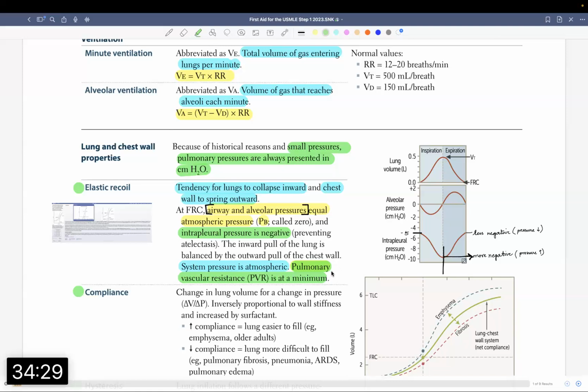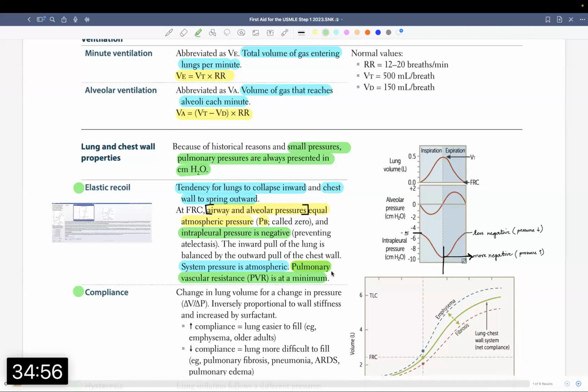Second, pulmonary vascular resistance should be at its minimum level. The other one is that at FRC, airway and alveolar pressure is equal to the atmospheric pressure, and intrapleural pressure is negative. So these are the conditions for the elastic recoil.